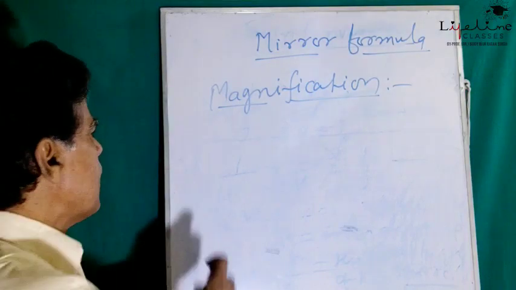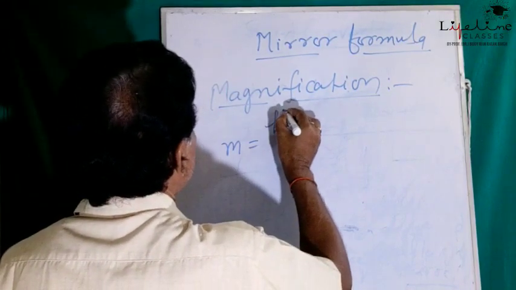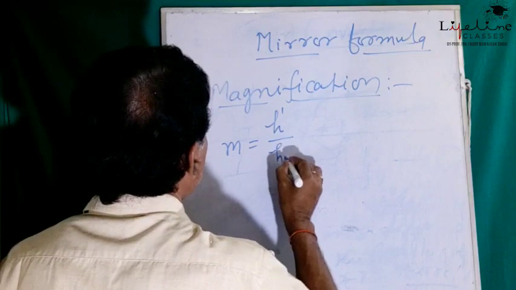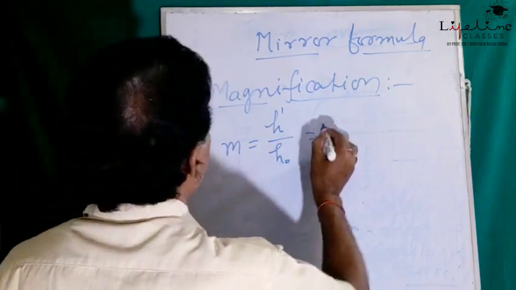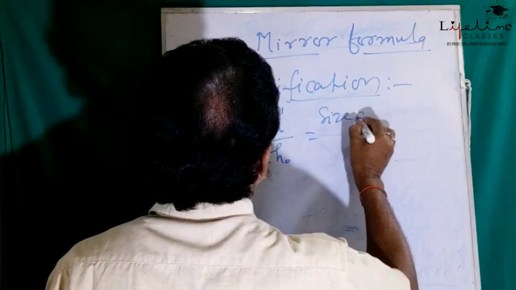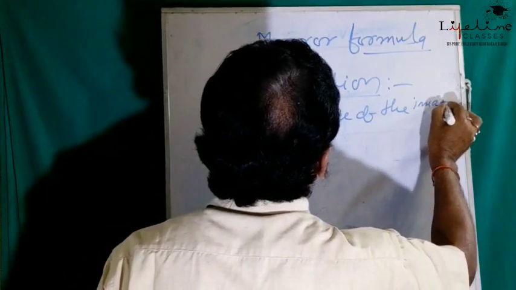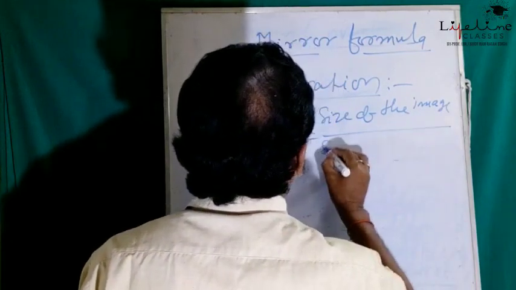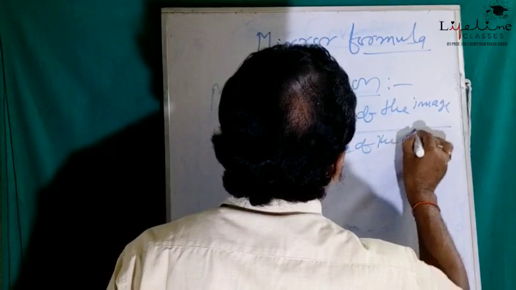So it is denoted by m equal to h dash by h naught. h naught means size of the image by size of the object.